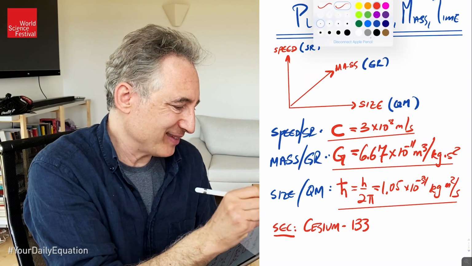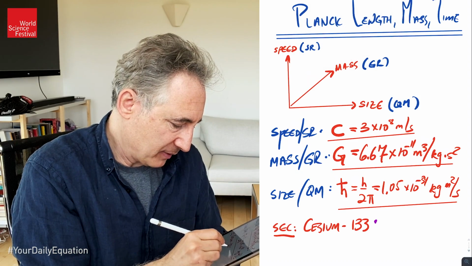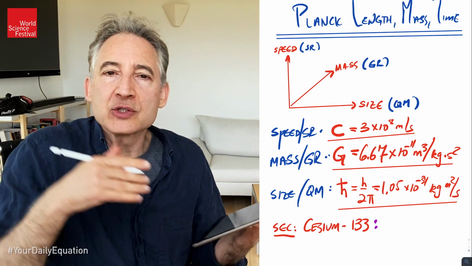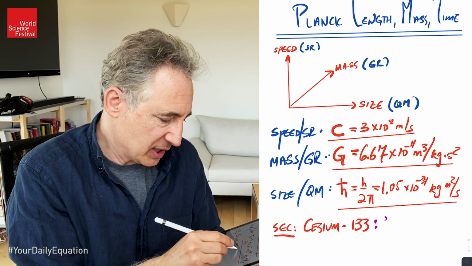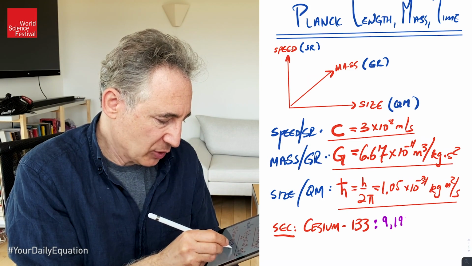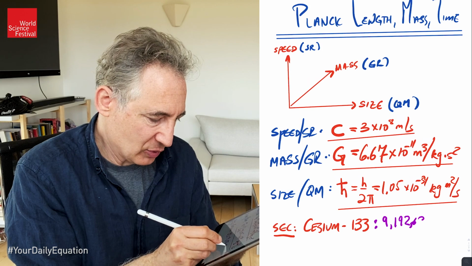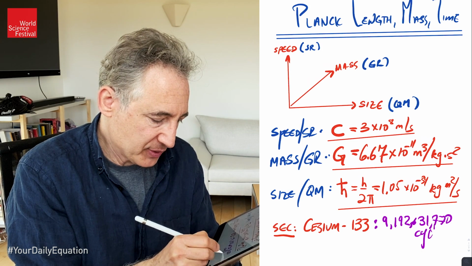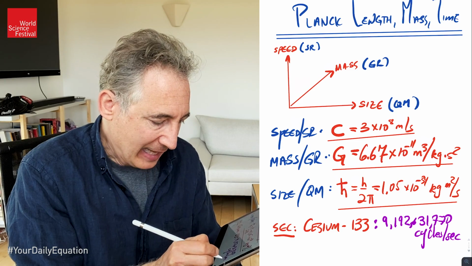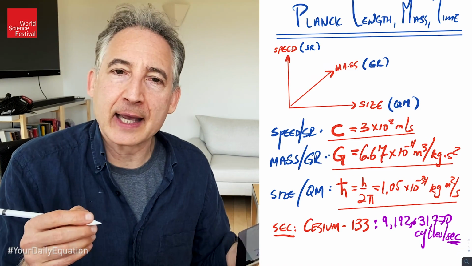And a particular transition that people focus upon has radiation that oscillates at a particular frequency, which is 9,192,631,770 cycles per second. And indeed, you can use this to define the second.